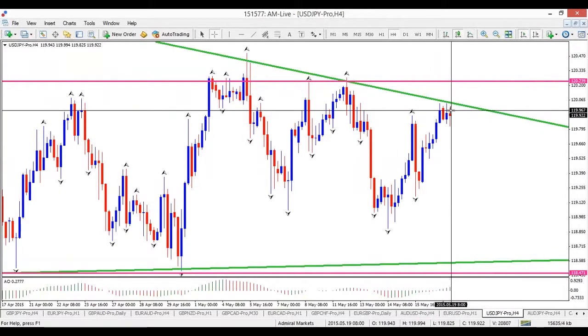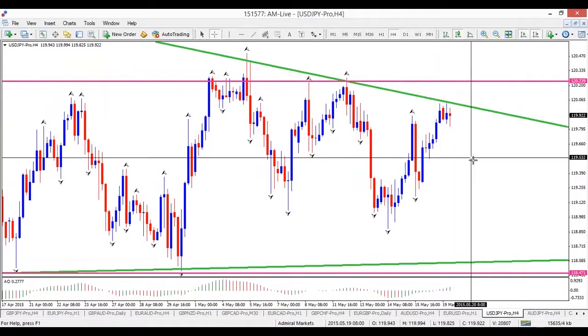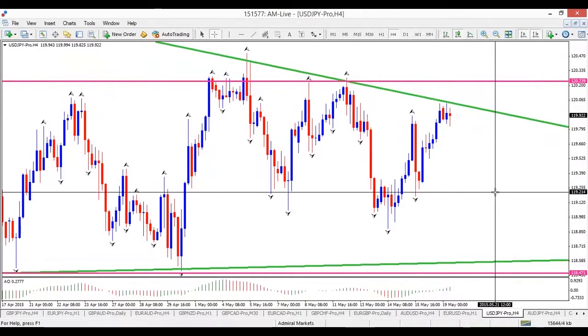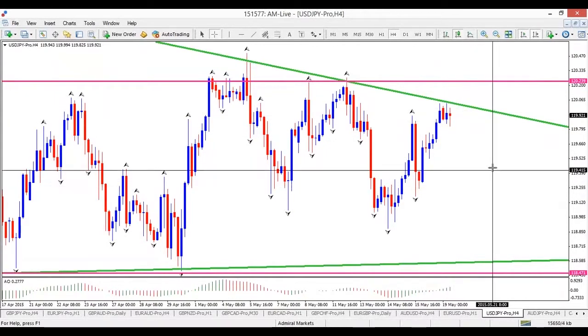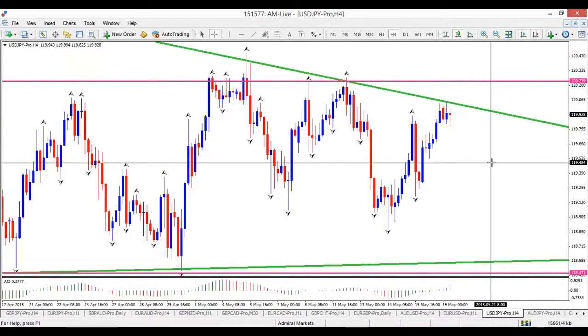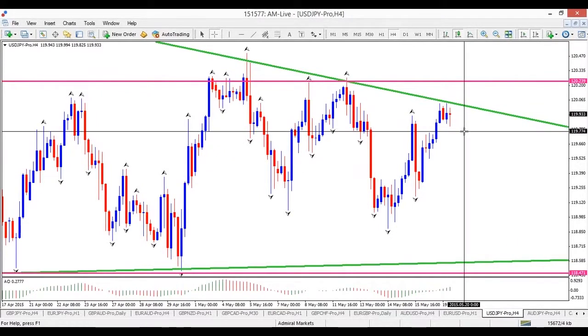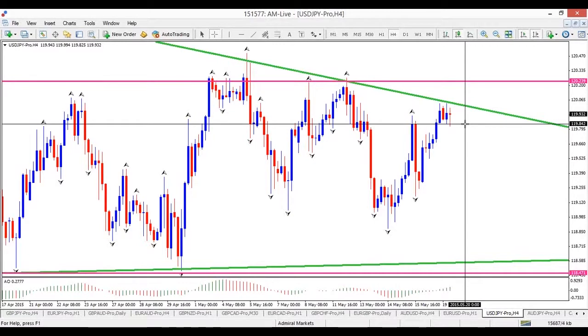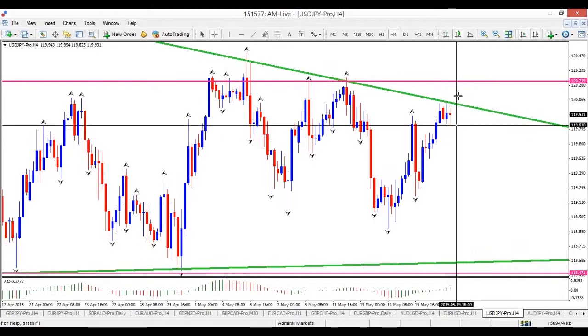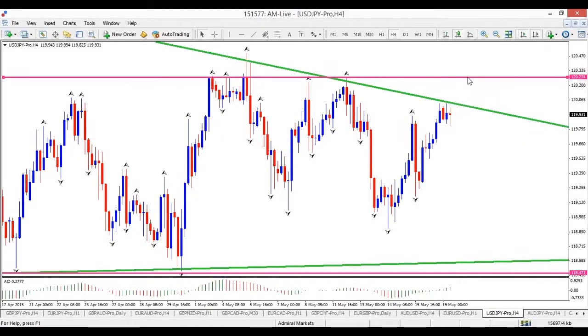So I'm very curious if it can make one more dip down. Maybe 119.25 is a bit too tough. 119.50 seems more doable as a retracement, with 118.40 as a stop loss. The alternative would be to take the break of this resistance.